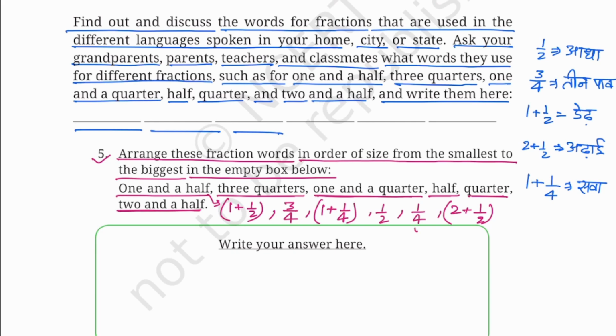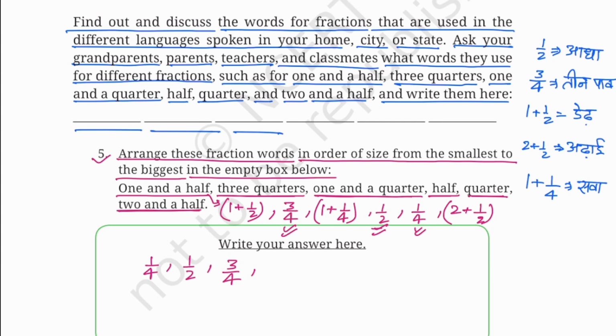You can see the smallest one is quarter, that is 1 by 4. Then 1 by 2, that is half. Then 3 quarters, that is 3 by 4. Then 1, it is not here.